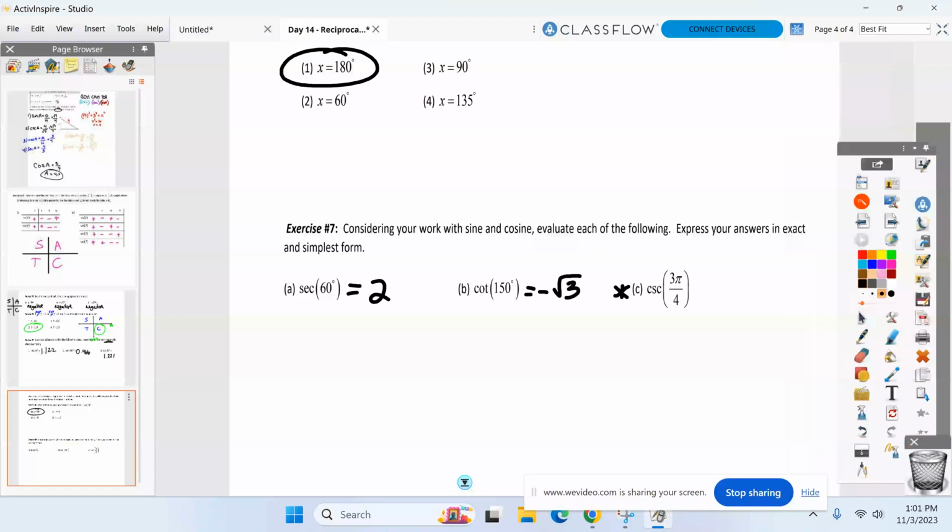You guys remember what exact means: no decimals, fractions or radicals only. If you can't get my values up here, let me know.